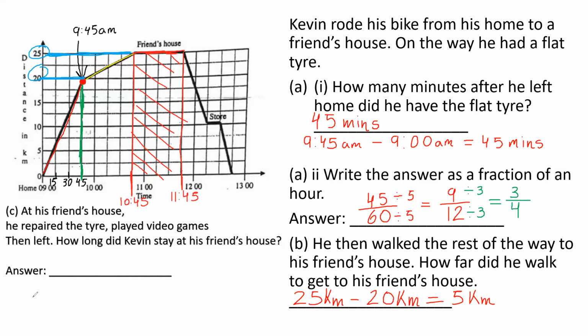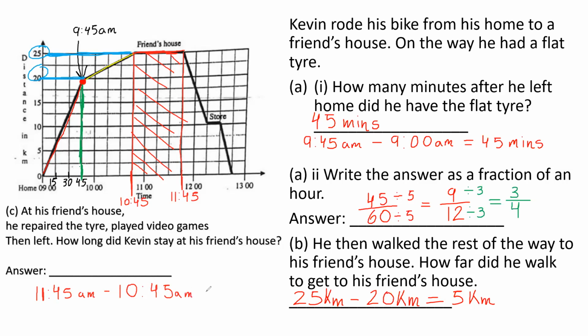So we have to subtract the times, right? So it's going to be 11:45 a.m. minus 10:45 a.m. And what is 11:45 minus 10:45?